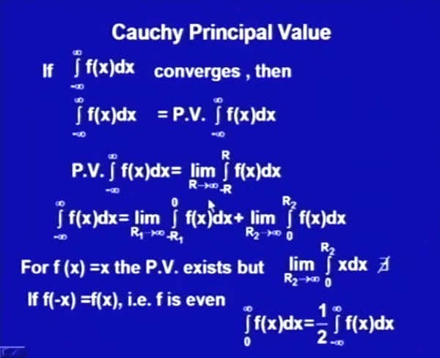The other result which we have got is that if my function f is an even function for all x, then the existence of the Cauchy principal value says convergence of the improper integral. So, we have the result that if f is even and the Cauchy principal value exists, then the improper integral from minus infinity to plus infinity f x dx is convergent and the integral 0 to infinity f x dx is half of the integral from minus infinity to plus infinity f x dx.